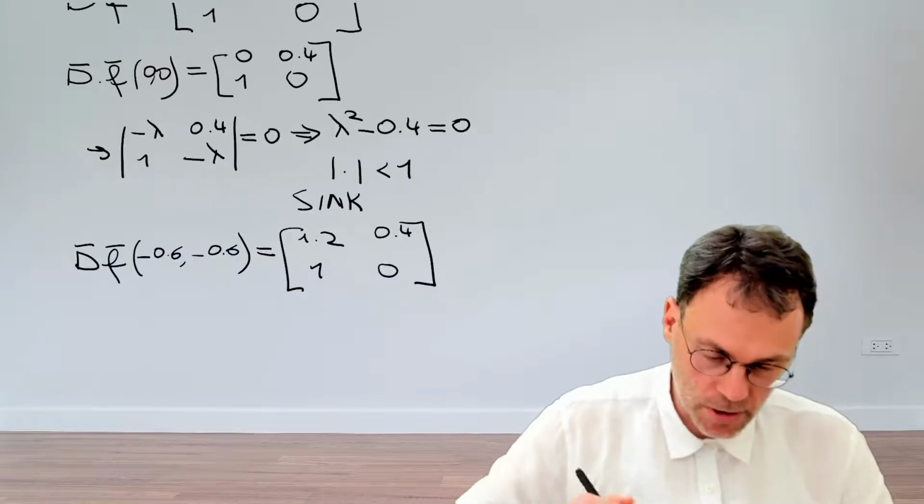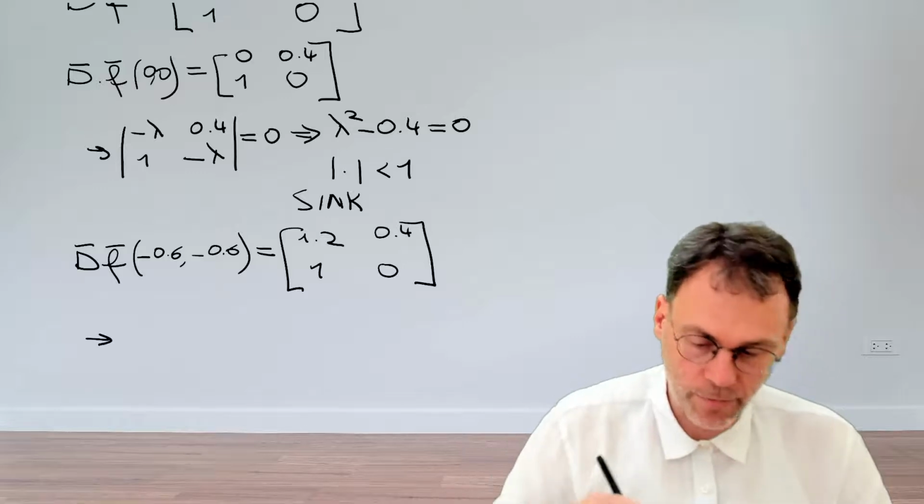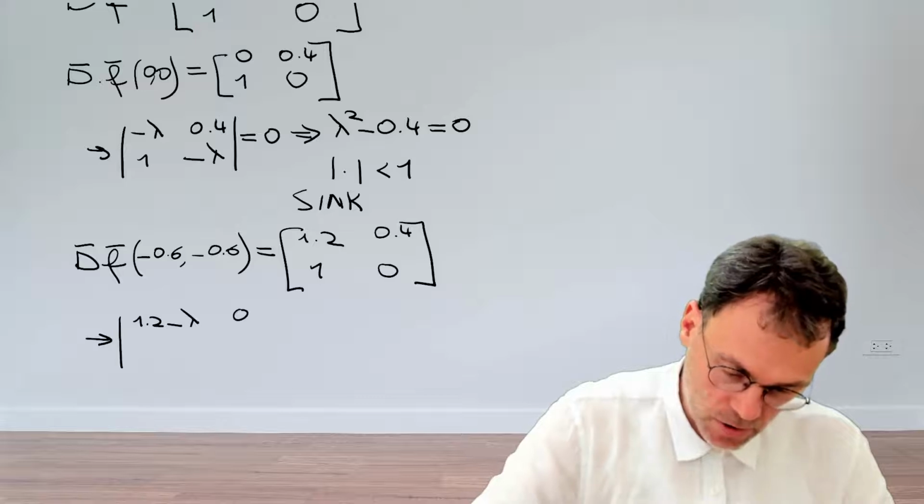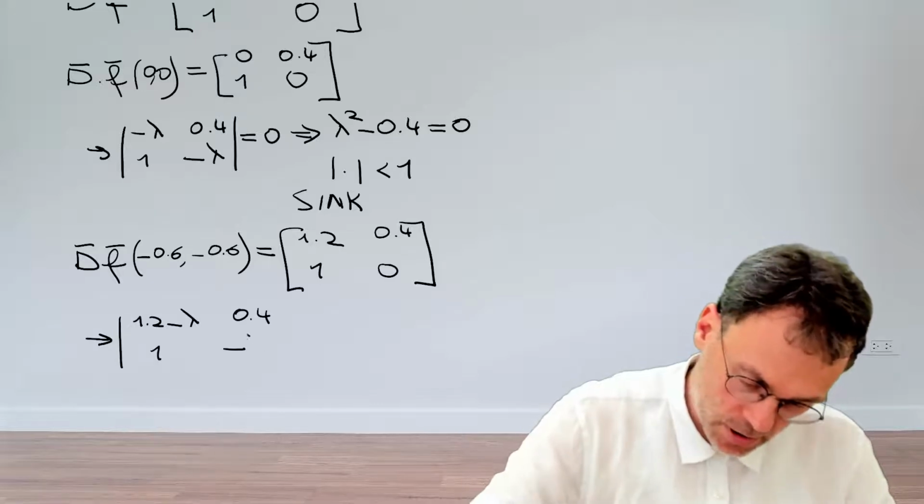So that is our linear map approximating the nonlinear map at a fixed point. The eigenvalues are calculated using the following determinant.